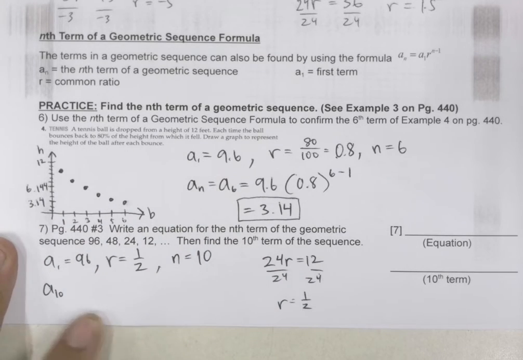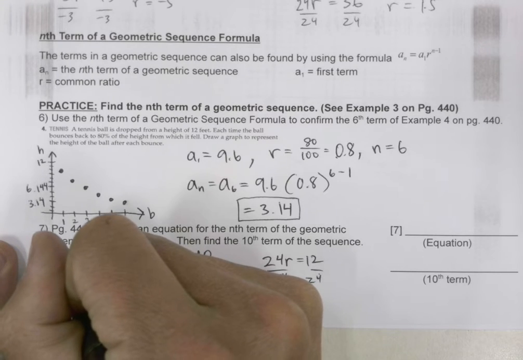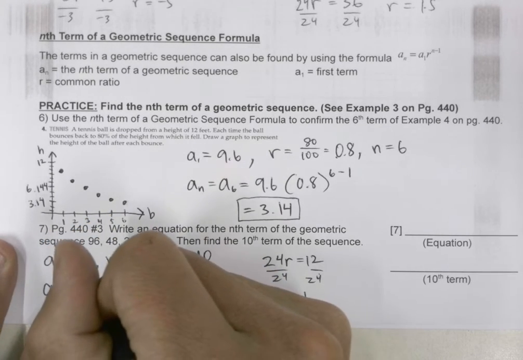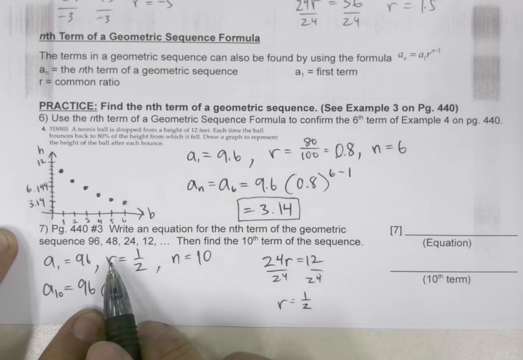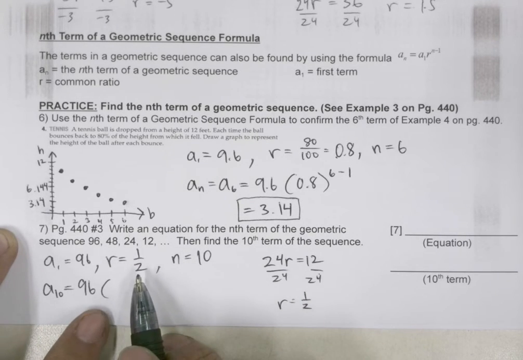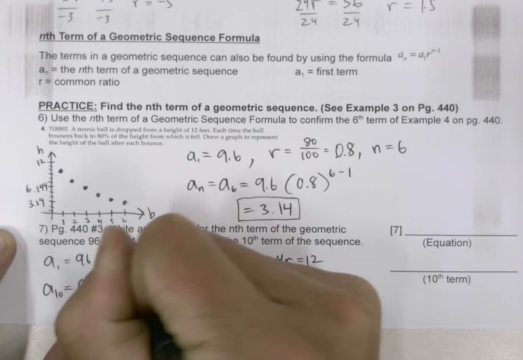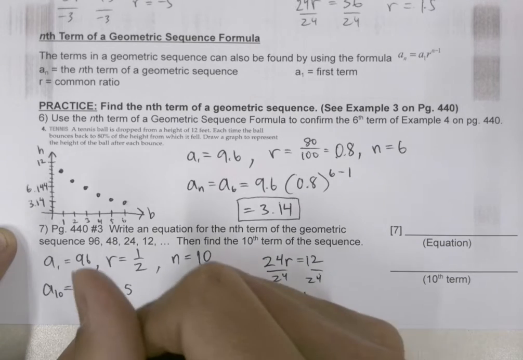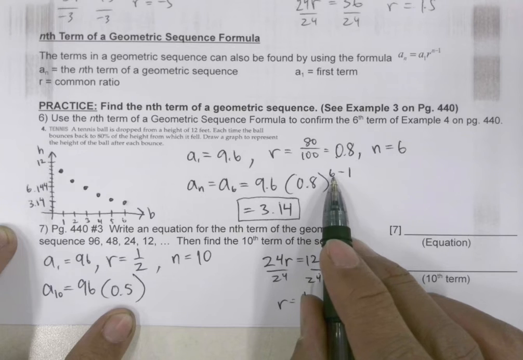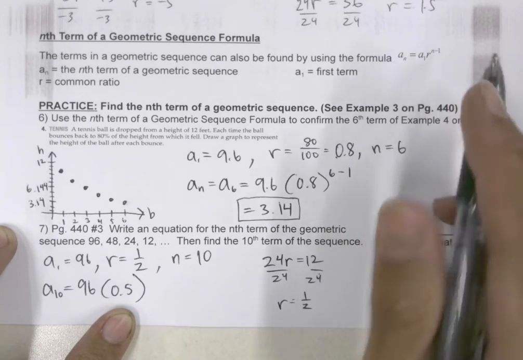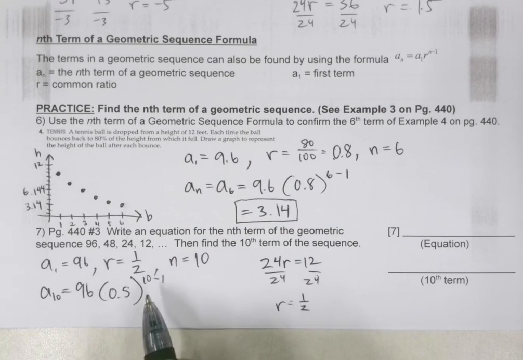a sub n is equal to a sub 1, which is 96, times r. But r needs to be in decimal format, so 1/2 is 0.5. And we have n minus 1, so 10 minus 1, or to the 9th power.